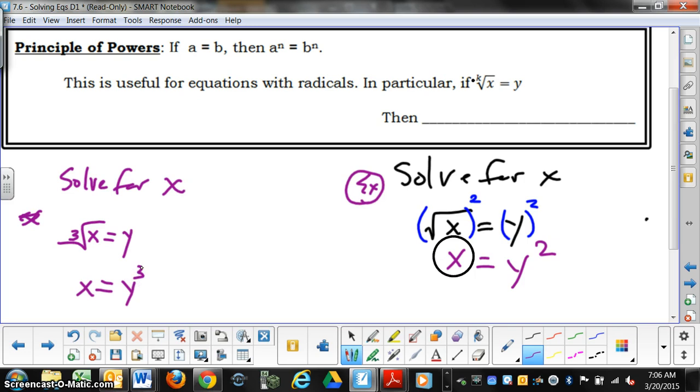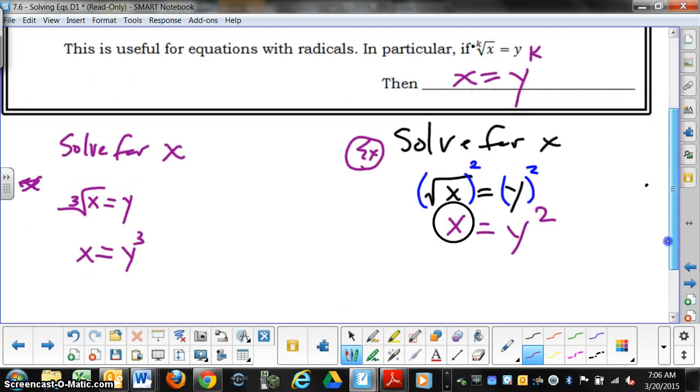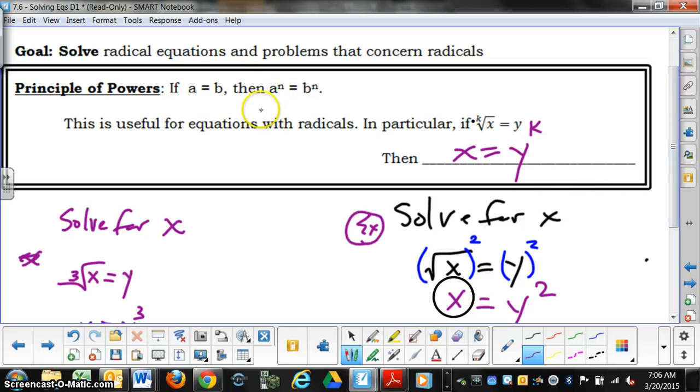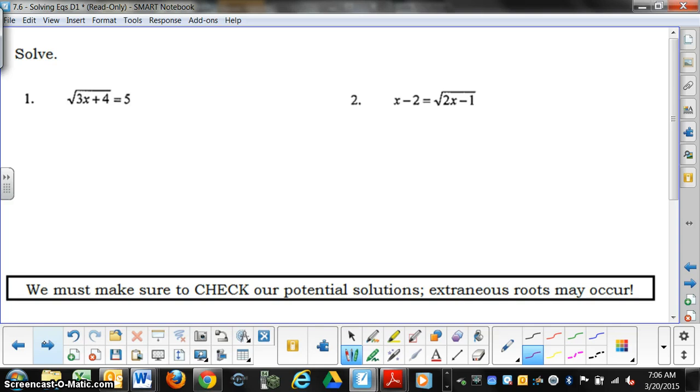So in general, the kth root of x equals y. If I wanted to solve for x, now I know x equals y to the k. No matter what k is, that's going to be true, because this was true over here.